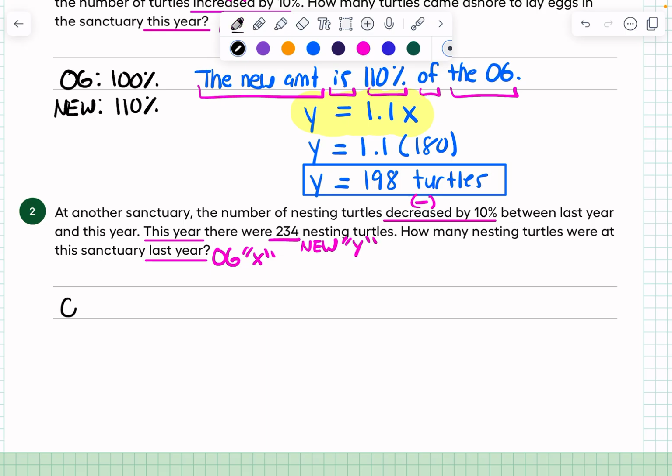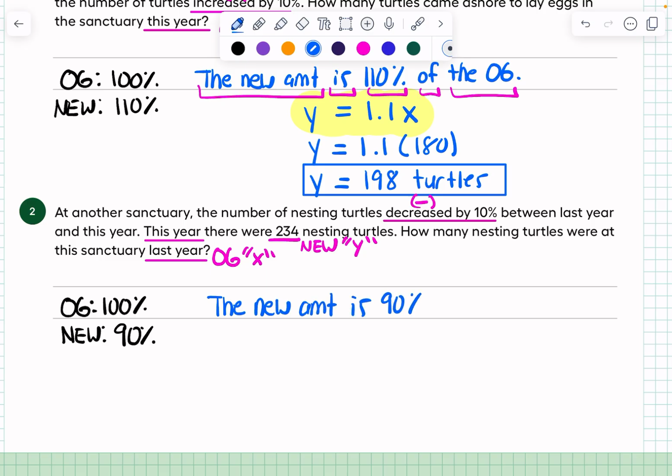Okay, for our percentages, the OG always represents 100%, and the new amount is a decrease of 10%. So if you have 100% minus 10%, you would get 90%. Now our sentence would be: the new amount is 90% of the OG.